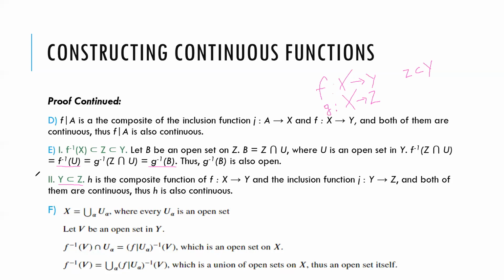So in this case we have H, which would map X to Z, and Y is a subspace of Z. So, okay, this is the case where we expand the range.